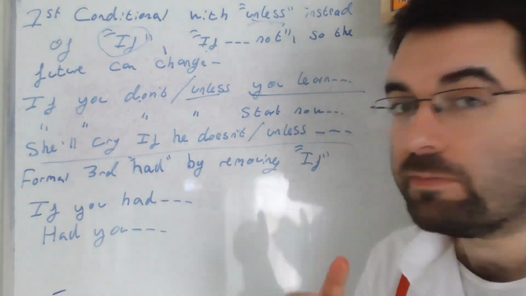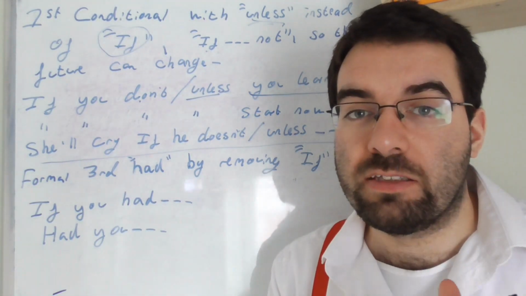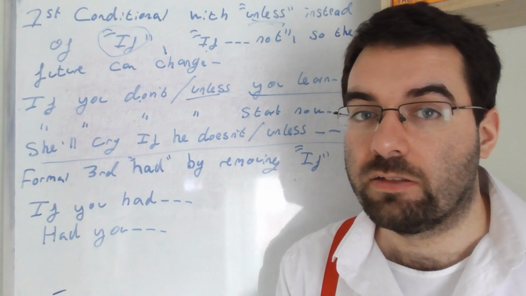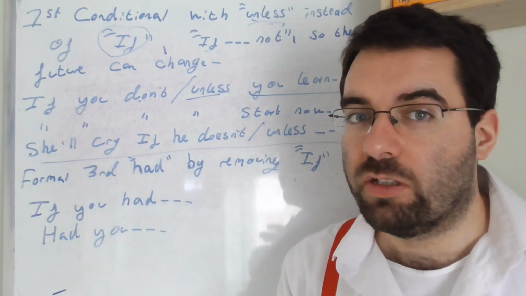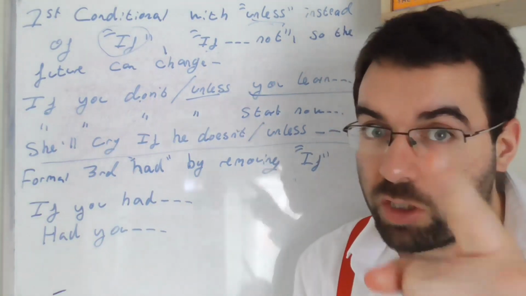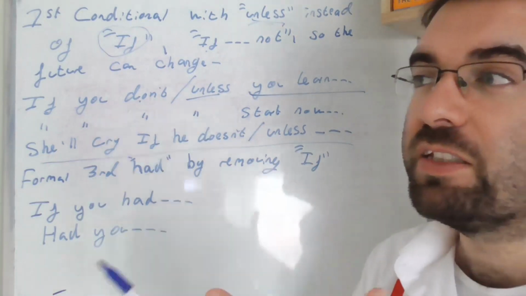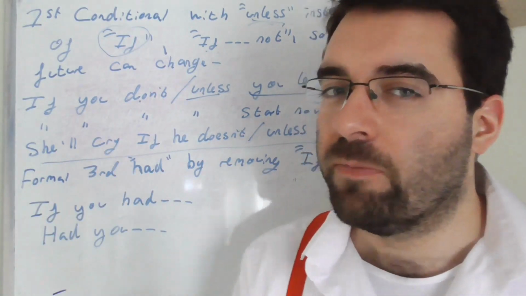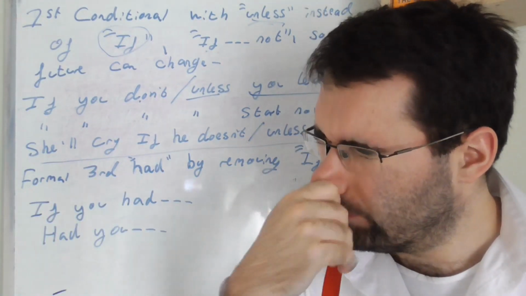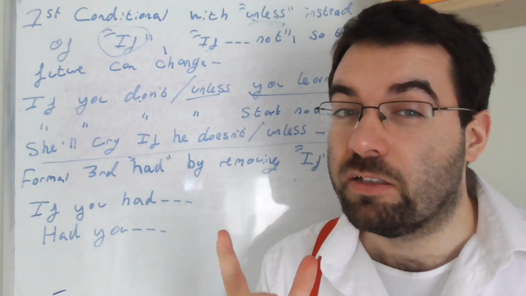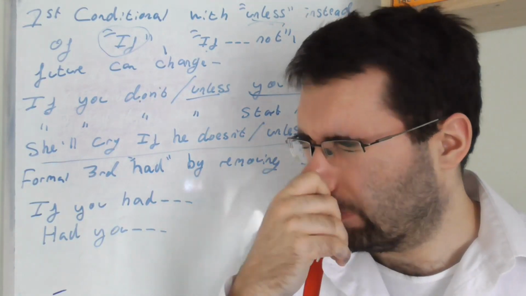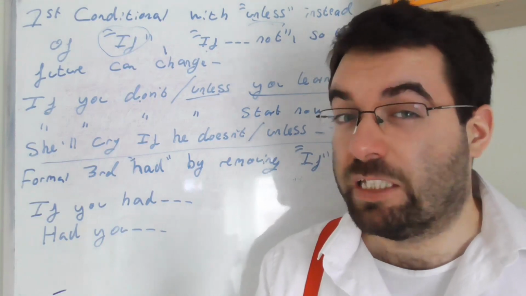Unless you learn Chinese, you can't go to China. It could change. It's like if you don't. But unless is possibility. Unless this, unless that. Unless I sneeze, it might be loud. Unless I sneeze, I'll keep going.